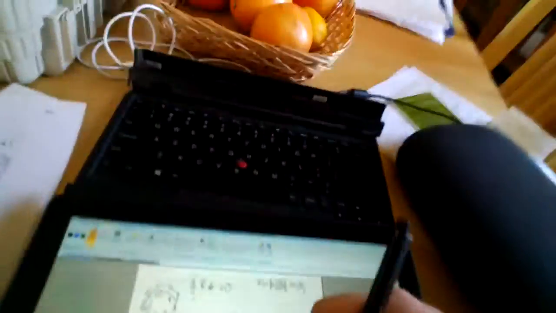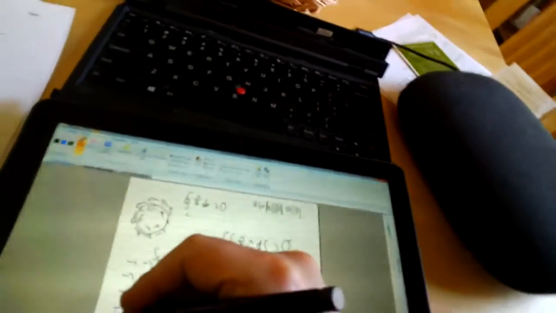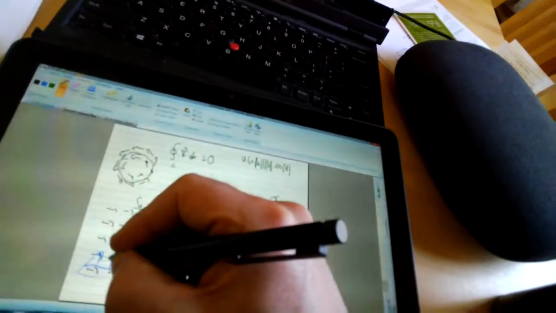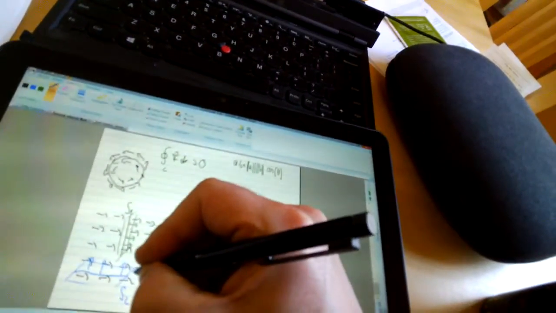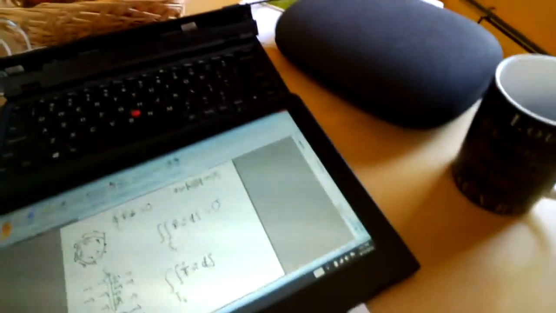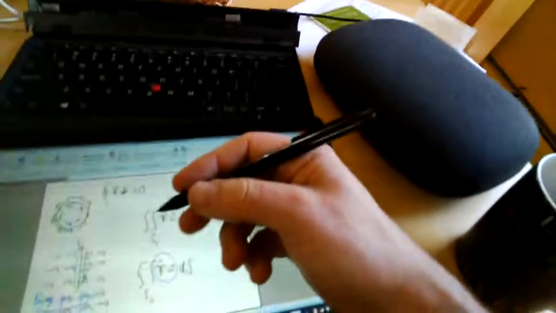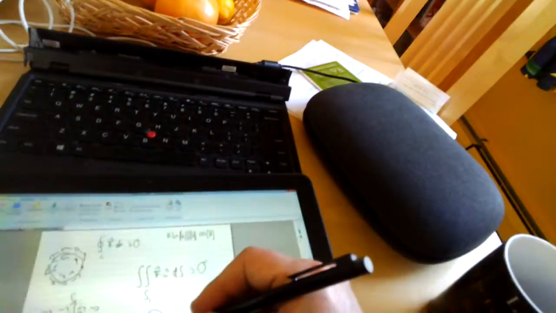On S2, on the other hand, my normal vectors look like this. The normal vectors always point up, and the blue ones are my normal vectors now of the surface S2. Now the blue ones are perpendicular to the vector field vectors. That means that this dot product is going to be 0, which means that the flux over the surface S2 is going to be equal to 0.